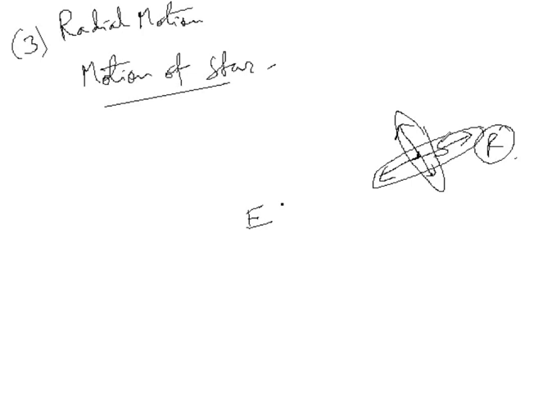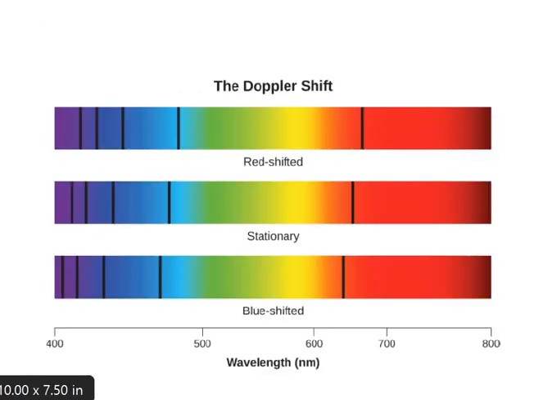Let me show you an example. See here. So this is the simple case. Which one? This one. This is what happens if the star doesn't move with respect to us, the stationary case.